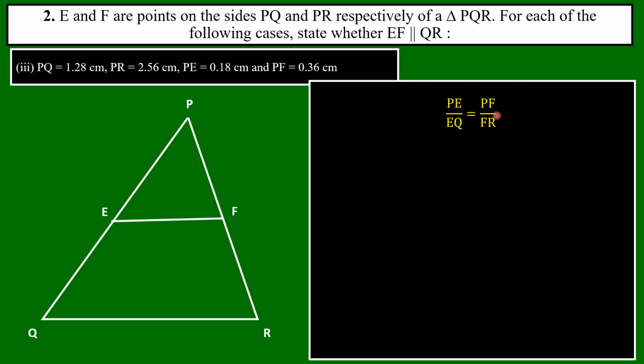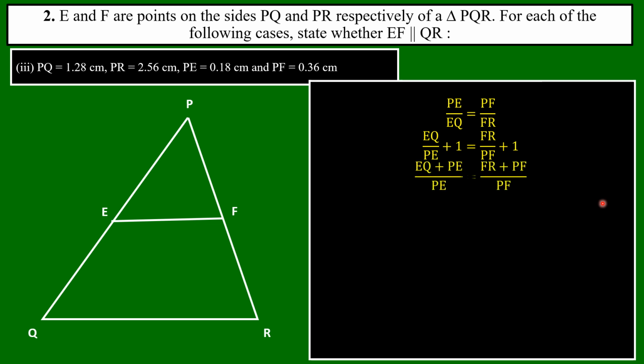Now see, consider this ratio PE upon EQ equals PF upon FR. Consider this an equation. What we do, we reciprocate the ratio and add 1 to both sides. Now see, we are doing the same thing to both sides of the equation, means our equality will be maintained.